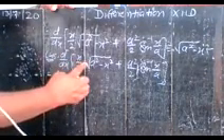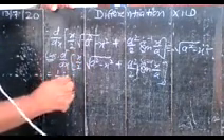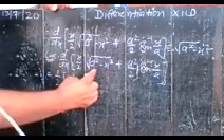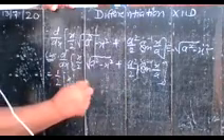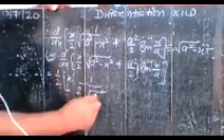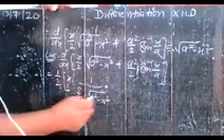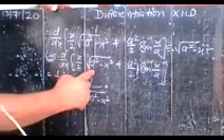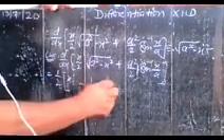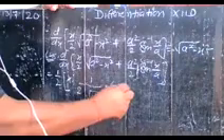If you apply the product rule, write the first function x and the differentiation of the second. That is in the form of a root, so it can be written as 1 upon 2 under root a square minus x square into the differentiation of the term inside, which is minus 2x.